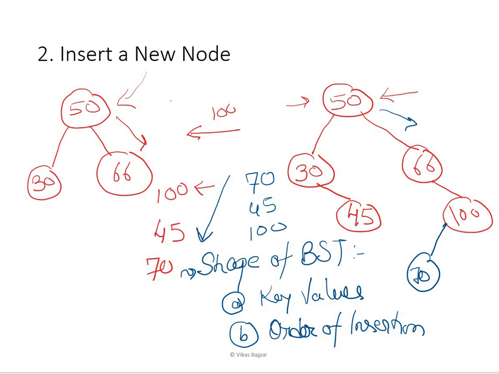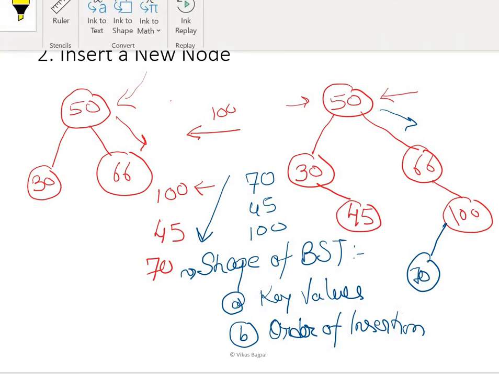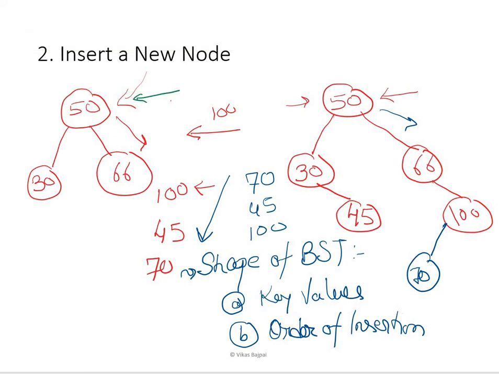So in that case, let's see how our BST takes a shape. So I came here, I went for a comparison. I found that it's better to move towards right. I went for a comparison here, and over here I'm adding 70 based on the rule. Next is 45. I went for a comparison.